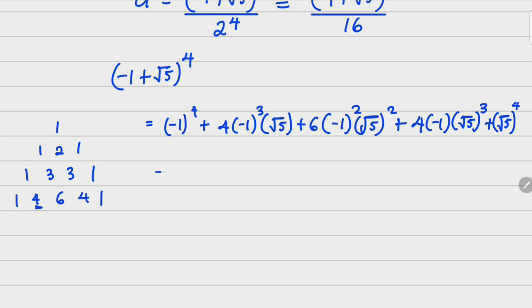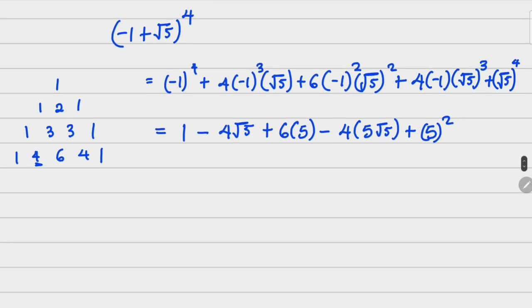Now, doing this, this is 1, then I'm going to have minus 4 root 5. Then, of course, this is going to be plus 6 into 5. Then I'm going to have minus, not plus, minus now, minus 4 into 5 root 5. Then I have plus 5 all squared, okay?